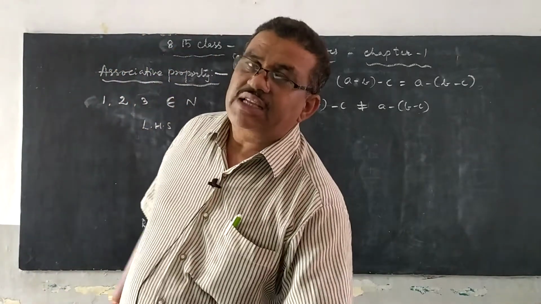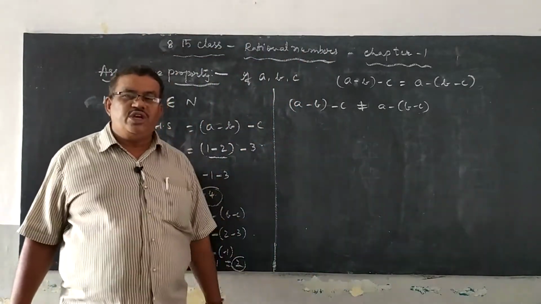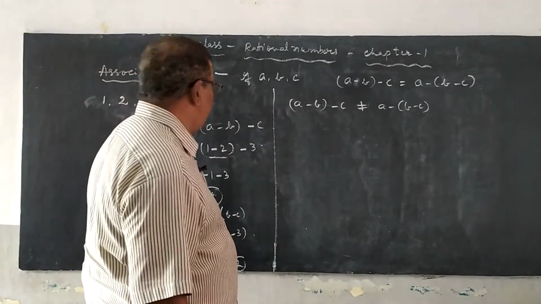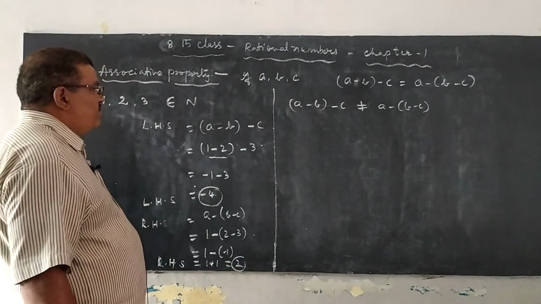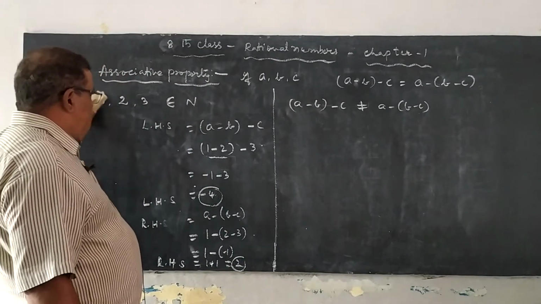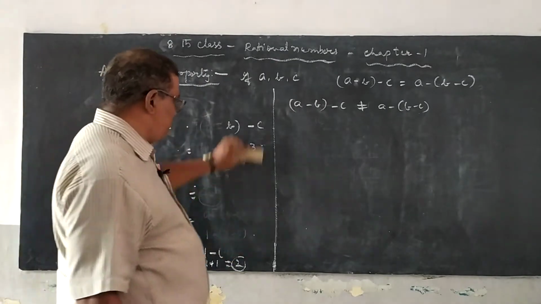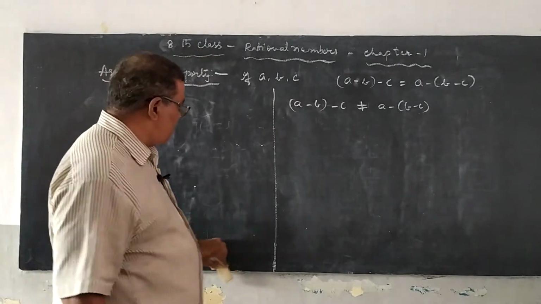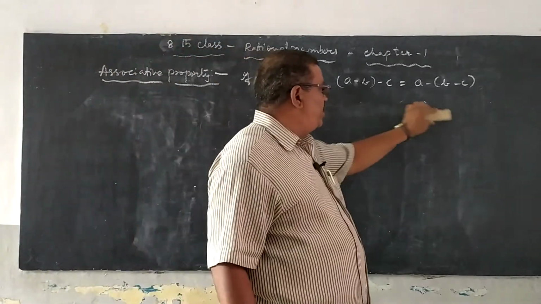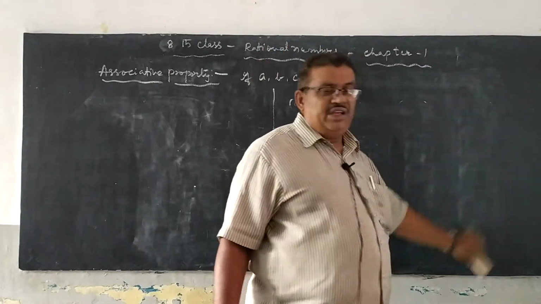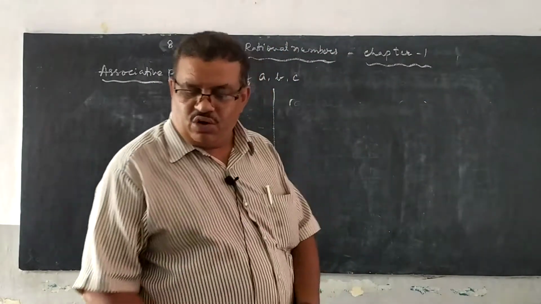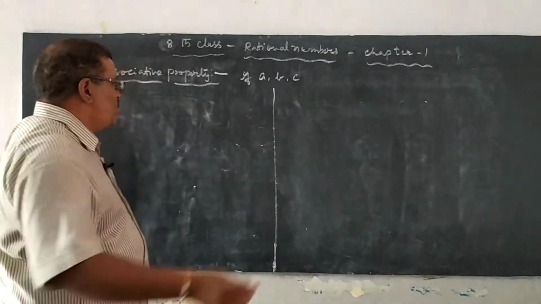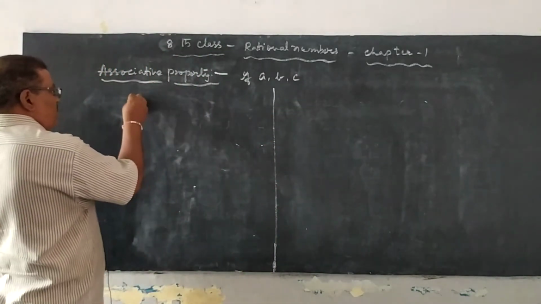Now we are discussing the associative property under multiplication. This is very important. We take only rational numbers. In this case, I am not taking natural numbers, whole numbers or integers. Directly, the important one is whether the set of rational numbers satisfies the associative property under multiplication or not.